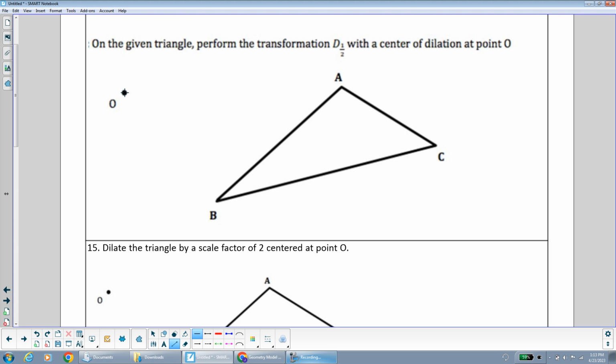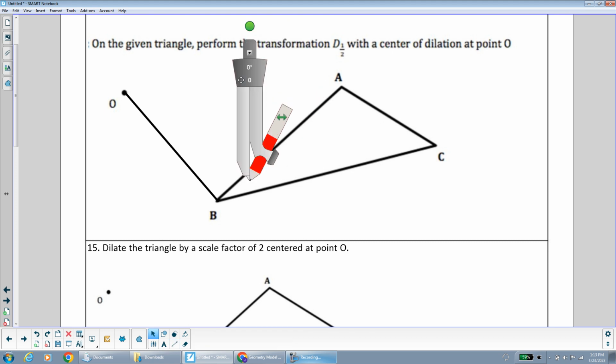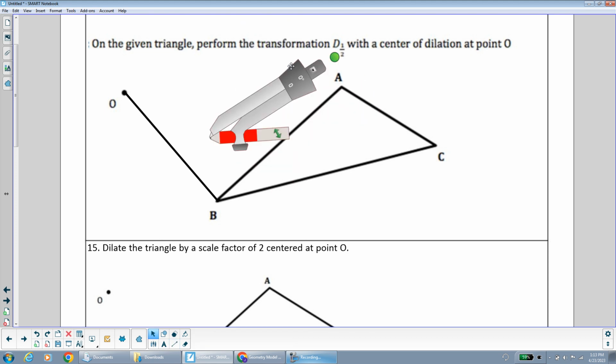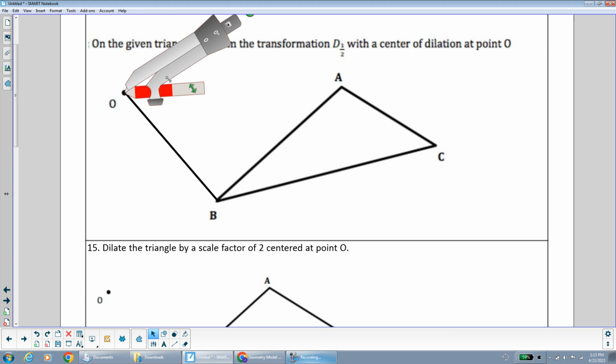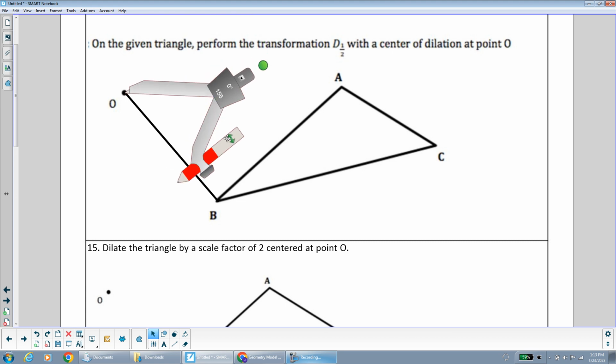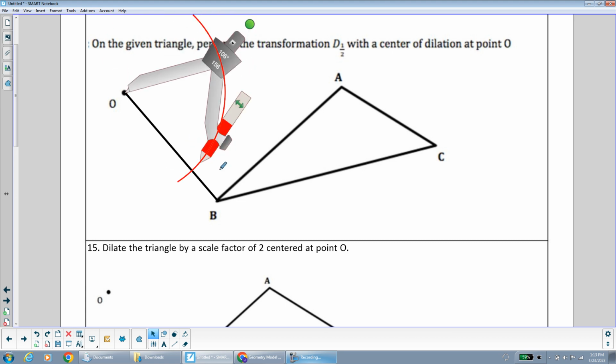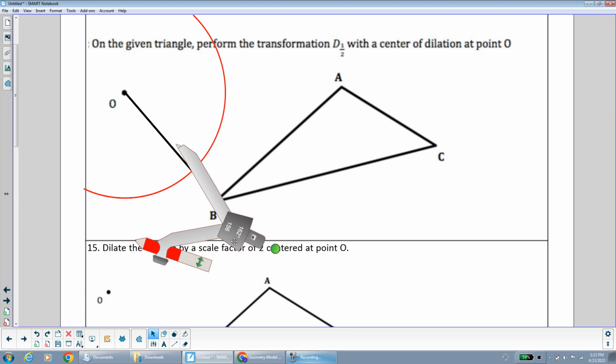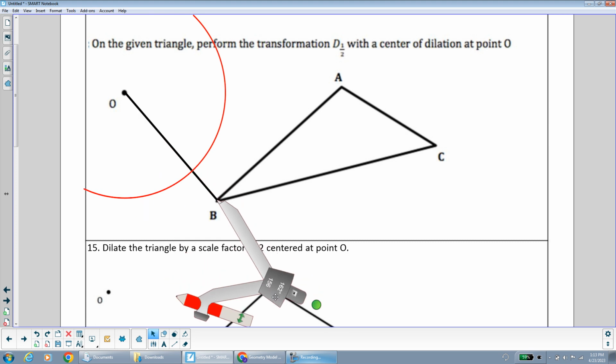Okay, so we're going to dilate by a center of dilation of 1/2. I'm just going to connect point B to the center of dilation. And since we're doing a dilation of 1/2, we're going to perpendicular bisect. So I'm going to open up to about 3/4 of the way, arc above, arc below, over to the other endpoint.